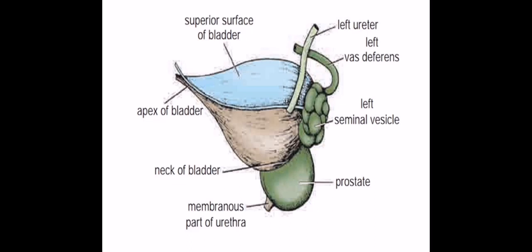An empty bladder has the shape of a tetrahedral pyramid with base, apex, neck, superior and 2 inferolateral surfaces.